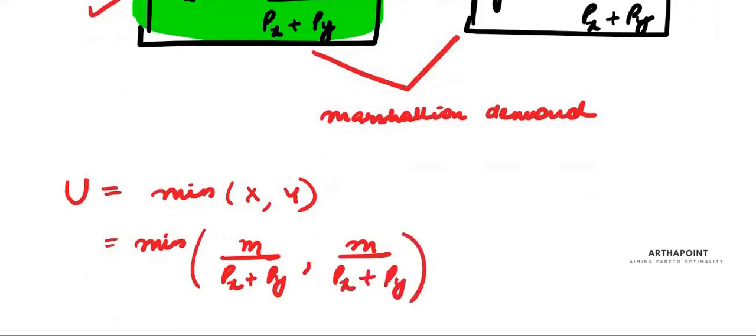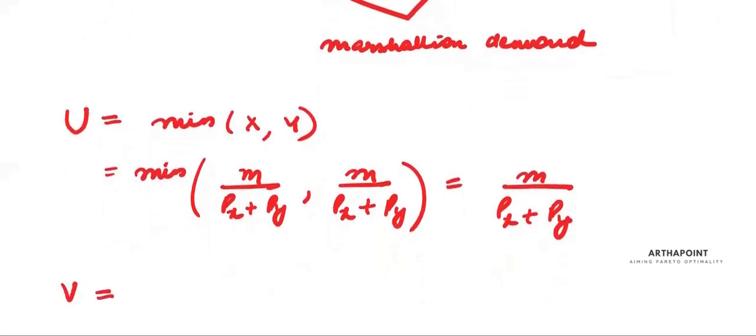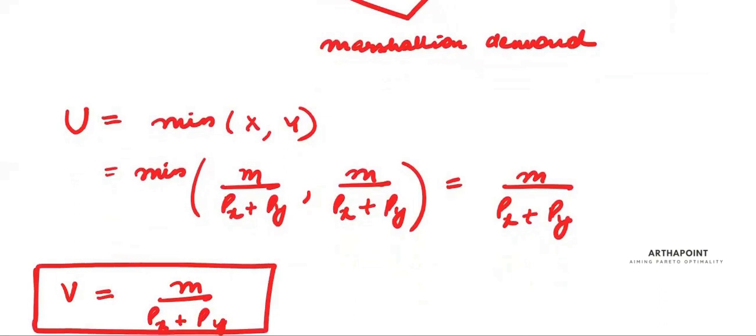X and y are the same, so the min is the same number. So you will get m upon px plus py. So your indirect utility function will be this. Indirect utility function.